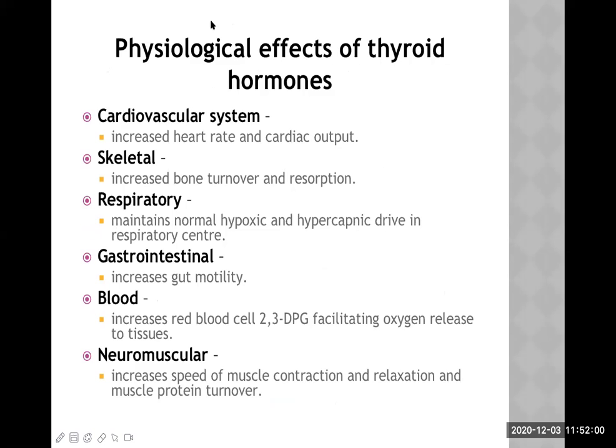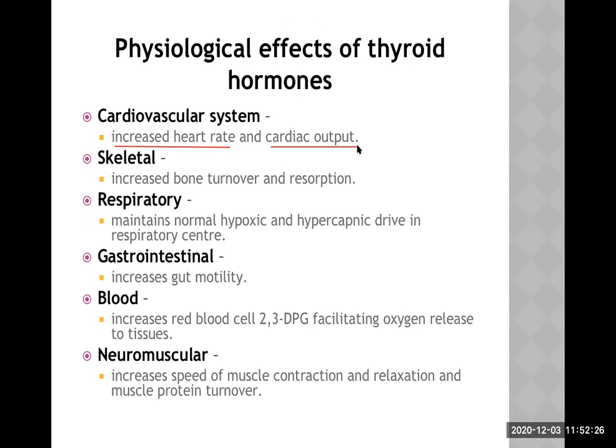Let's move on. Now, with this bit of physiological discussion, let's talk about what are the physiological effects of thyroid hormone, or in other words, what are the functions of thyroid hormone. Regarding the cardiovascular system, it increases heart rate and cardiac output.